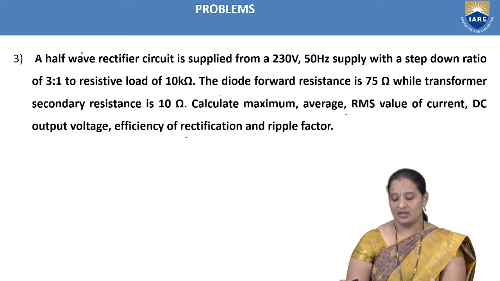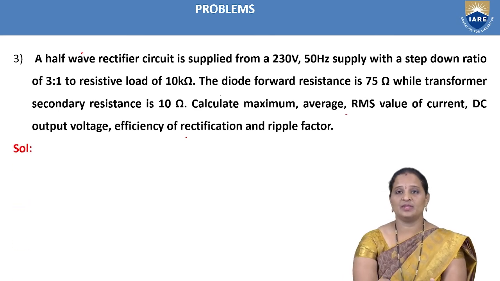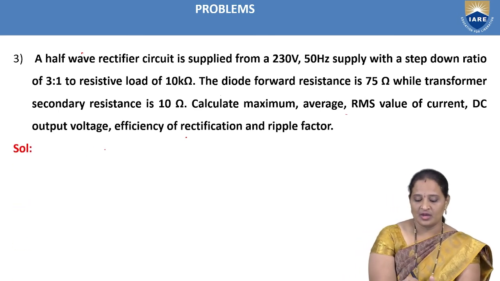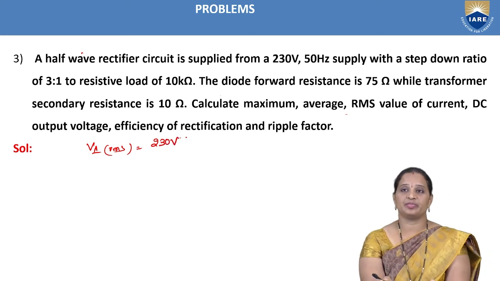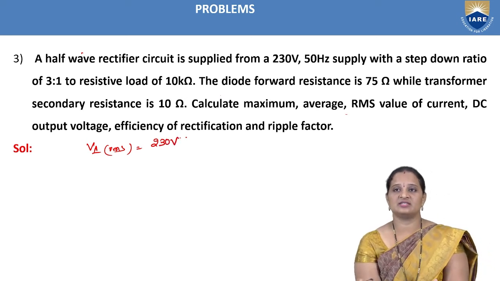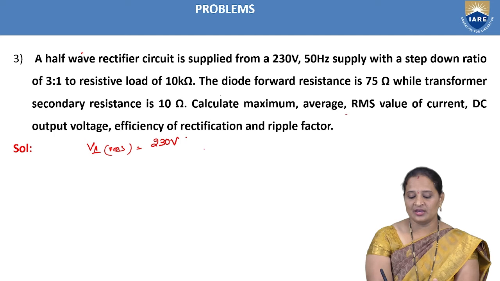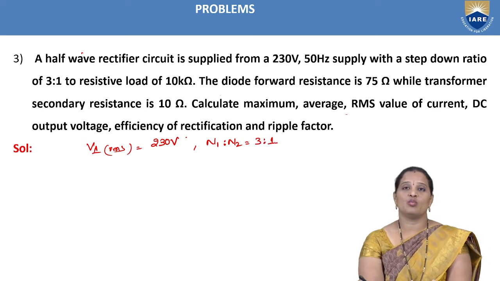So here in the problem, he has given that V1, an RMS value, is 230 volts. And the frequency is given, that is 50 Hertz. And here he has mentioned the step down ratio, that is N1 by N2 is equal to 3:1.